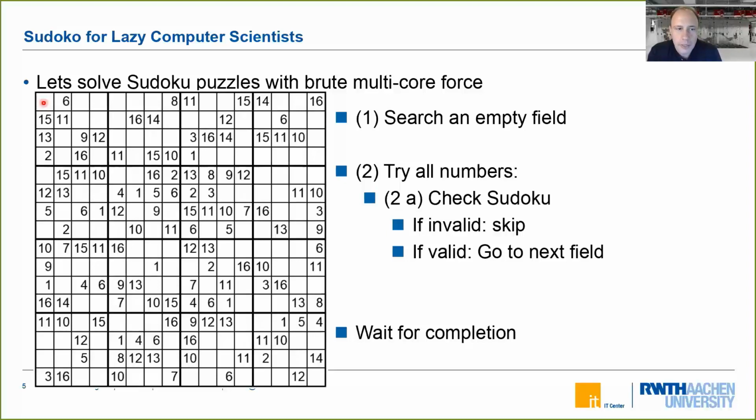So it tries out all the possible numbers at the current empty field. And if a number is a candidate, that means there is currently no conflict and a chance for solving the Sudoku board, it goes to the next field. And at the very end, the algorithm waits for the completion. So how can we parallelize that with traditional OpenMP?